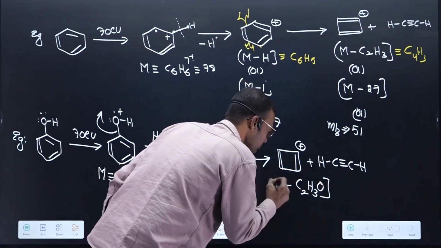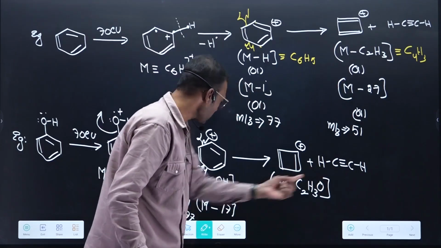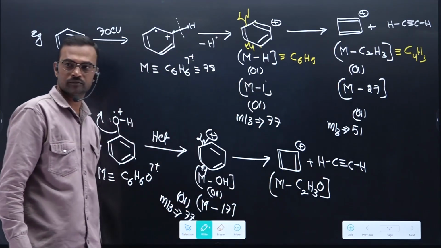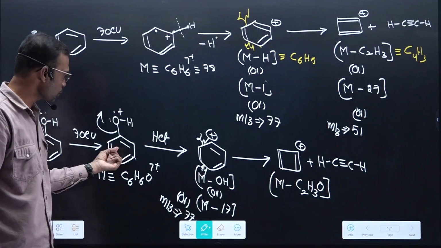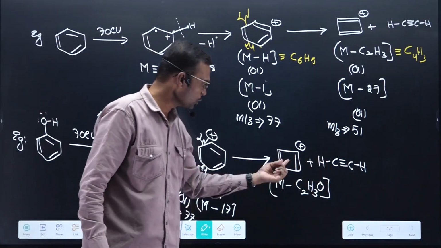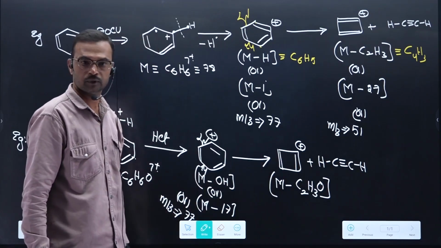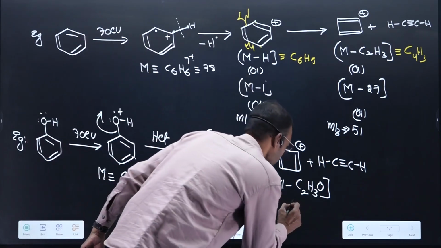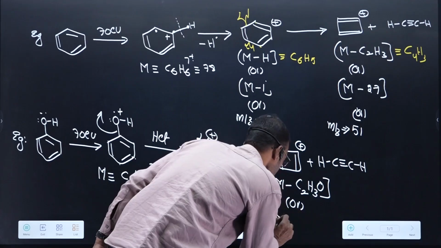Oxygen or not? You add this fragment and this fragment, you will get the answer. From this molecule, if I remove OH and if I remove C2H2, you will get this one. So what is the mass of this particular fragment? M minus.